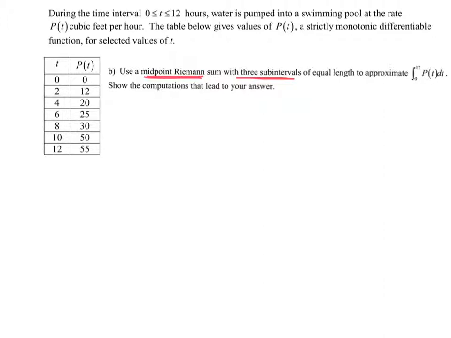So in other words, I have one group here, and then another group from 4 to 8, and then from 8 to 12. Each of those groupings has a middle value, and that's going to be super important, because we know the area of a rectangle is base times height.